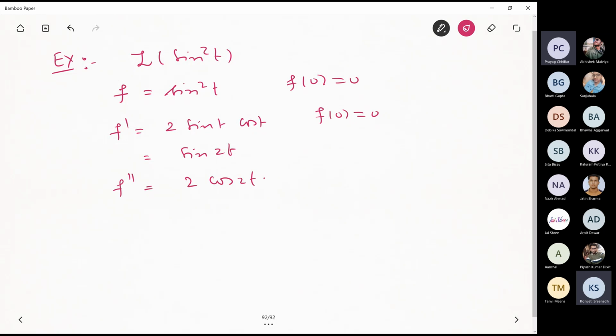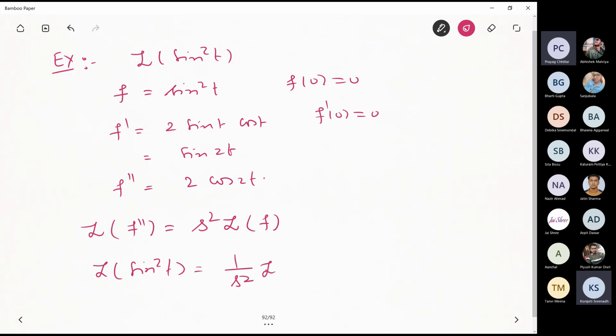So apply our formula. You have L of f double prime equal to s square into L of f, because f prime at 0 and f at 0 are 0. Okay. Therefore L of sine square t is going to be 1 by s square into L of f double prime.